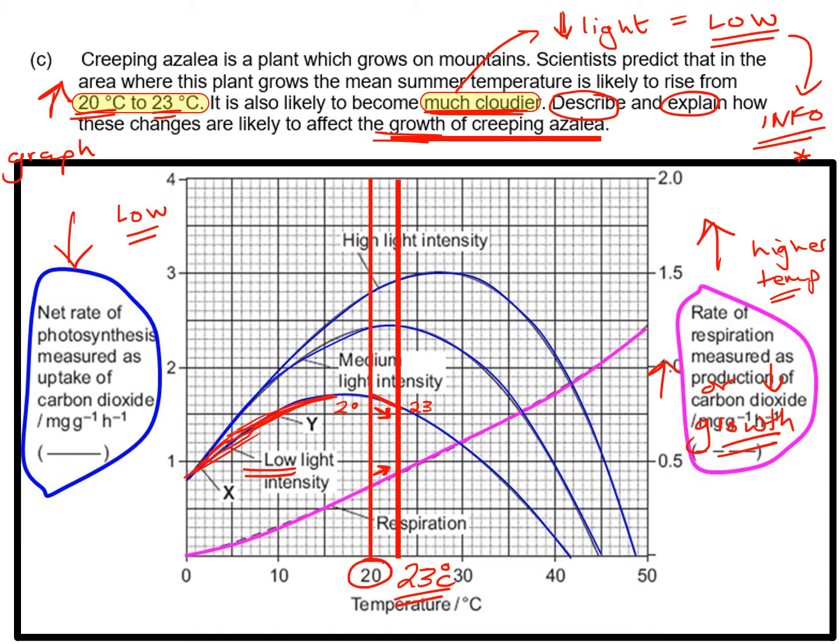So that means that actually there's less photosynthates available to build biomass. And if there's less dry biomass, it means that the growth, which is the production of new cells, is going to decrease. The rate of growth is going to decrease over time.